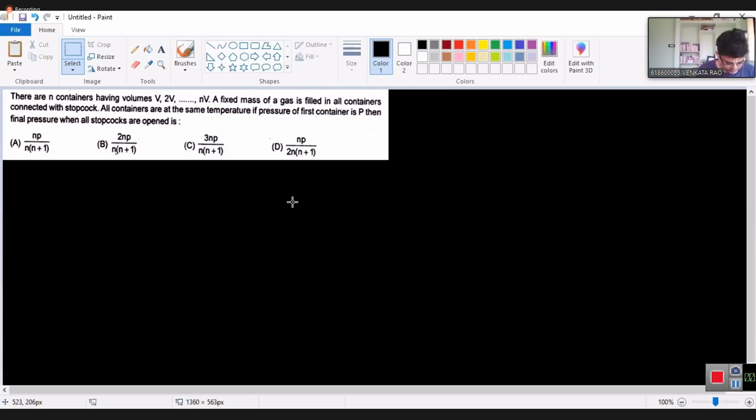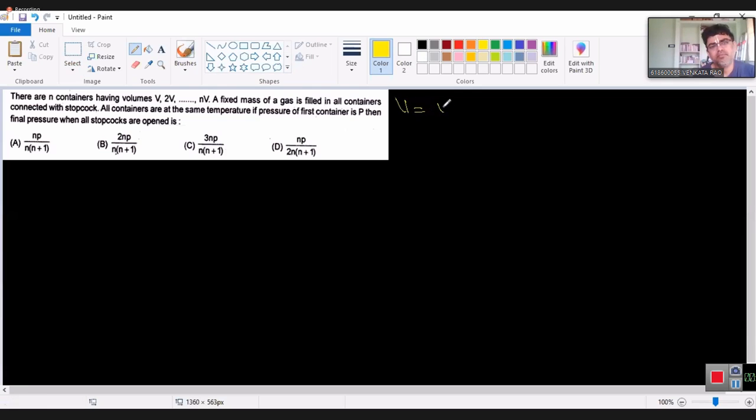Total volume is V plus 2V plus 3V up to NV.